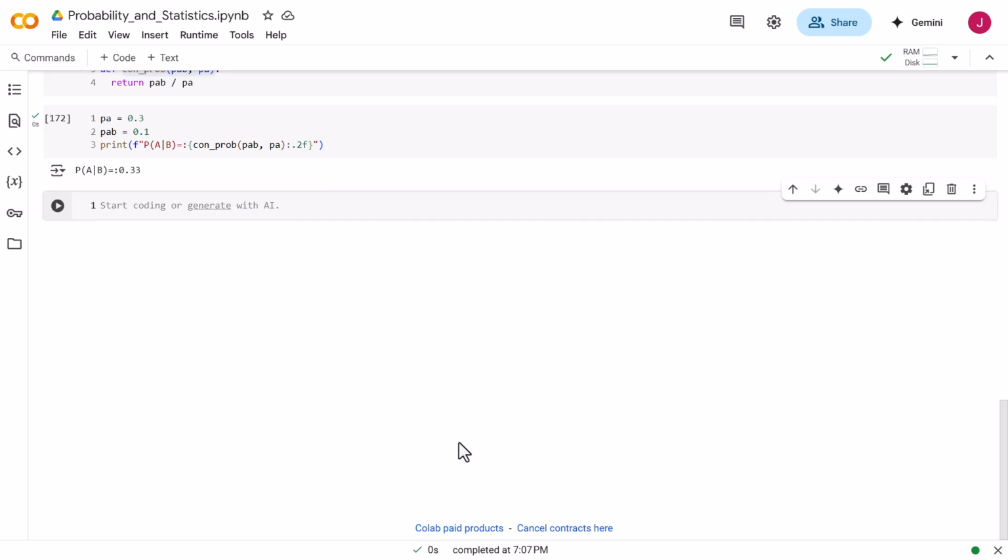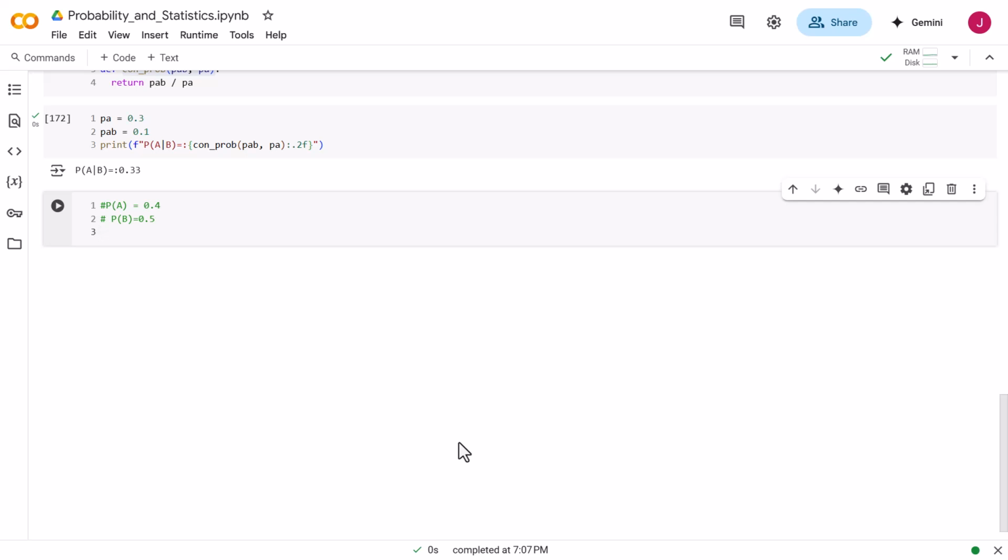Next, I want to check if two events are independent. As I defined in the lecture, two events are independent if the occurrence of one event does not affect the probability of the occurrence of the other event. For example, we have probability of A equals 40% and probability of B equals 50%, right?